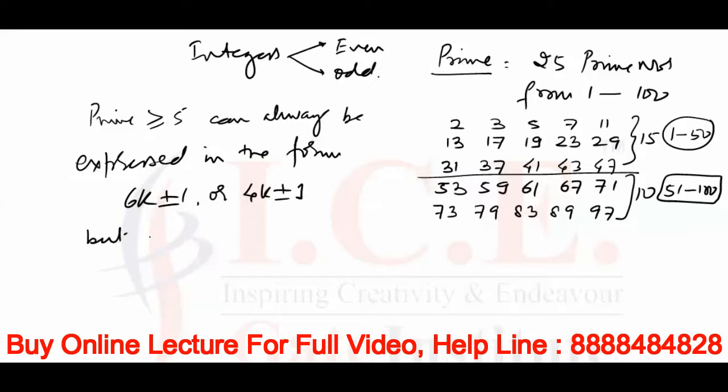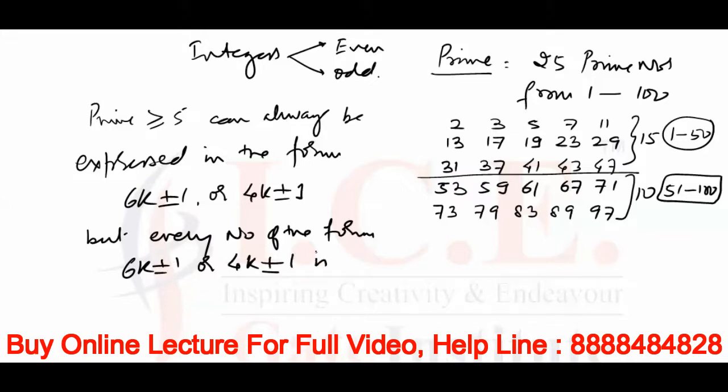But every number of the form 6k plus minus 1 or 4k plus minus 1 is not necessarily a prime number.